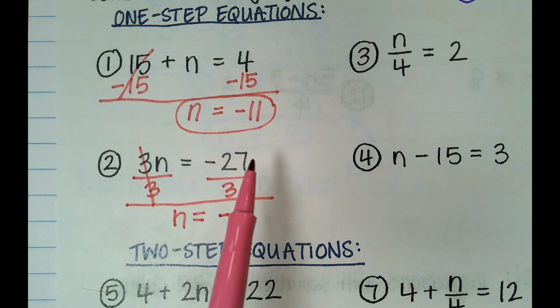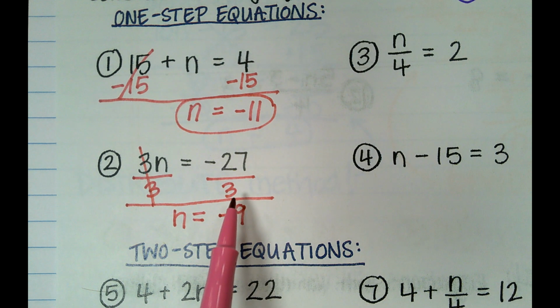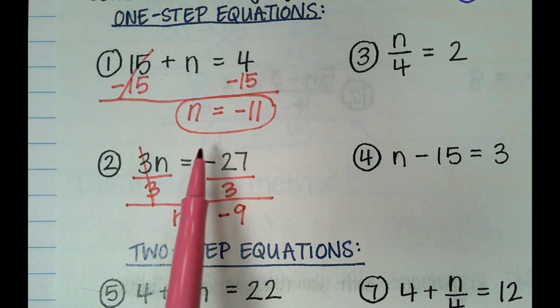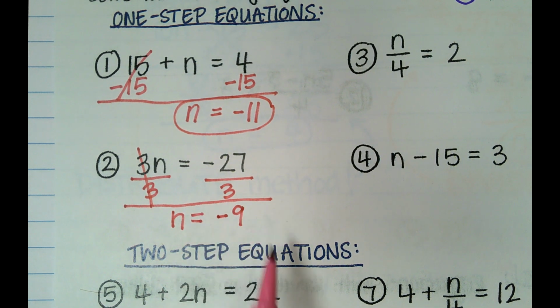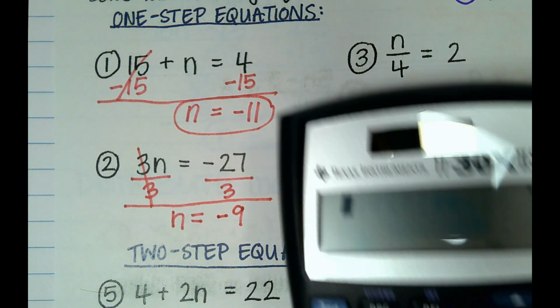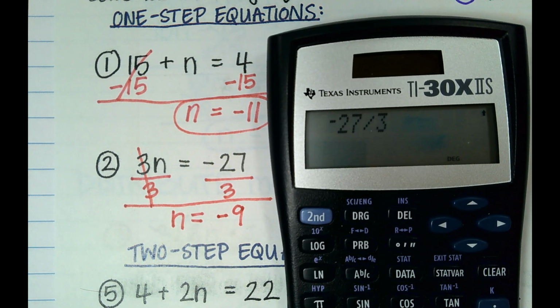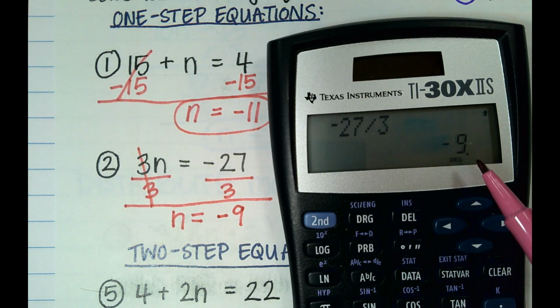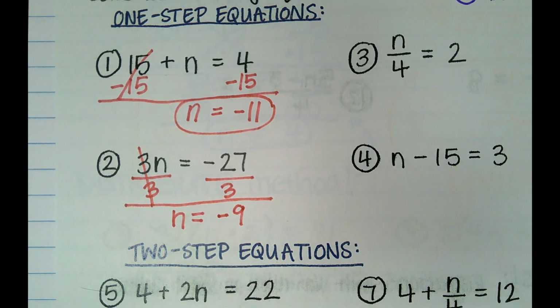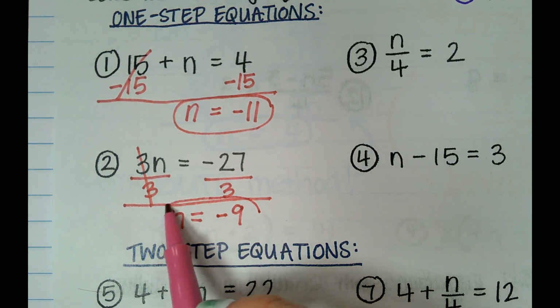We have negative 27 divided by positive 3. A negative divided by a positive is a negative. And again, if you type it in your calculator right, it will give you the right answer. Negative 27 divided by 3, you will get negative 9. So n equals negative 9. That's number 2.